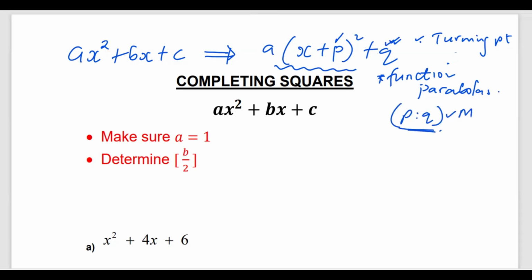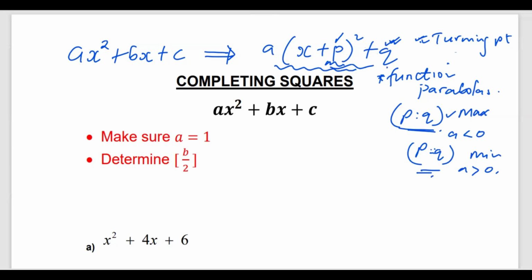So it can be a maximum if our A is less than 0, and then PQ will be a minimum if our A is greater than 0, okay? Now remember, the sign of the P will always switch to suit that. That is more like an application of completing the square, okay?